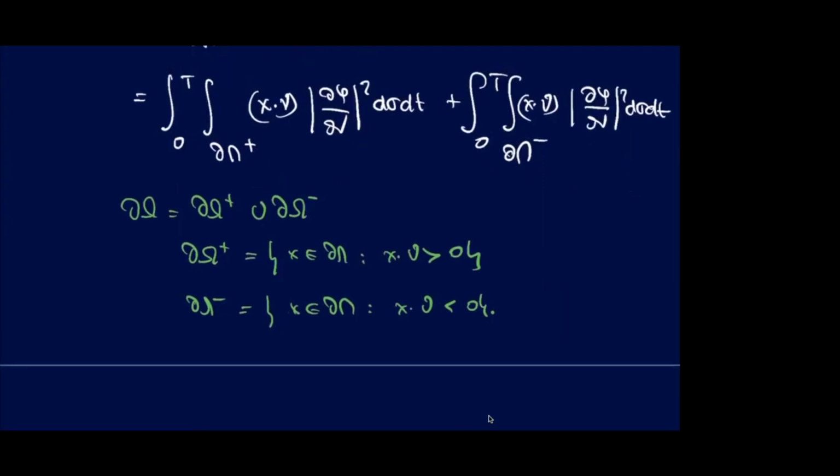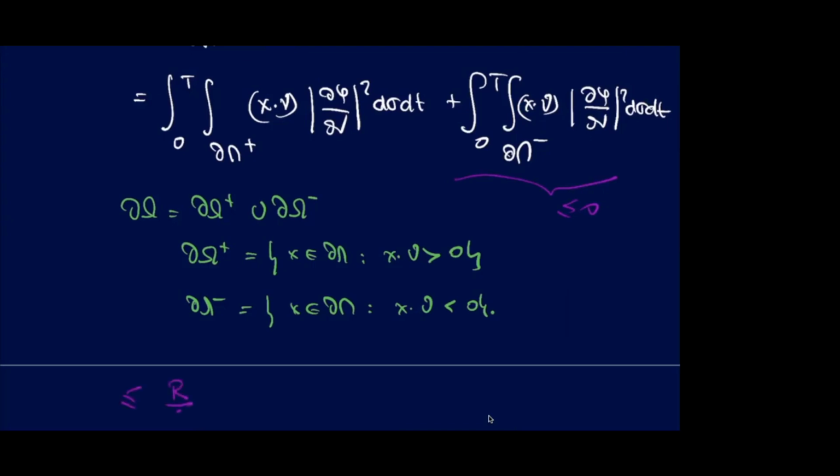You give me any function and I can always distinguish the measurable set where the function is positive almost everywhere, and the measurable set where the function is negative almost everywhere, separated by the nodal line where the function vanishes. Then I can immediately guarantee that this term is negative by definition, because this is the set where the multiplier is negative and this is a square which is always positive.